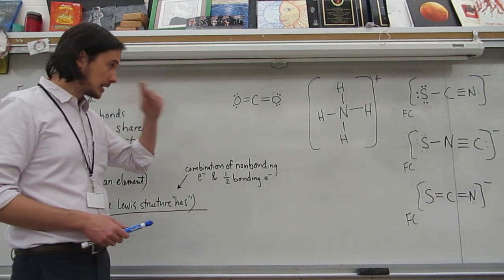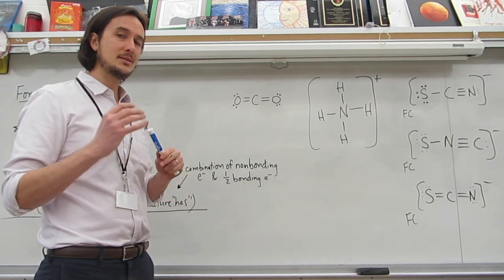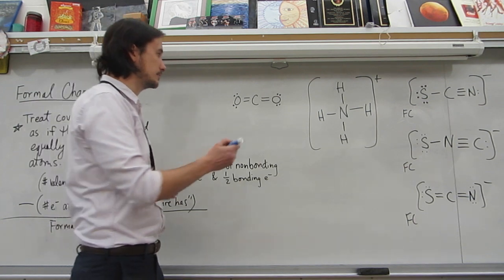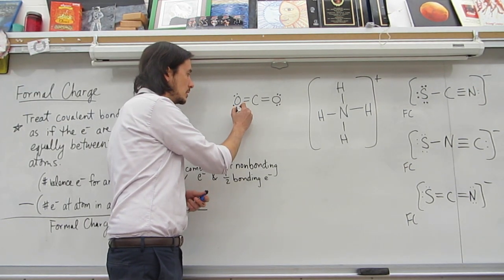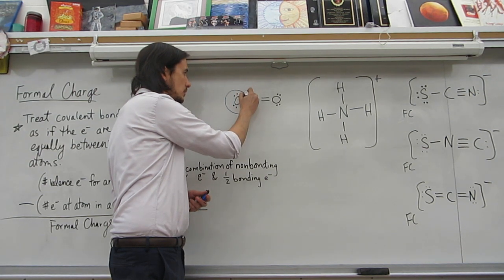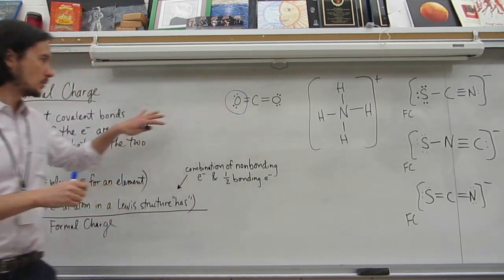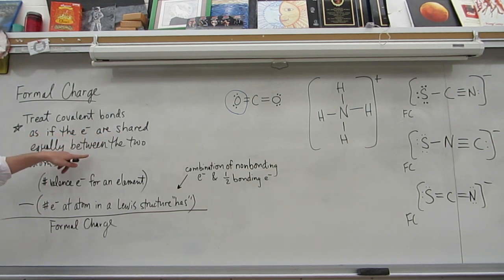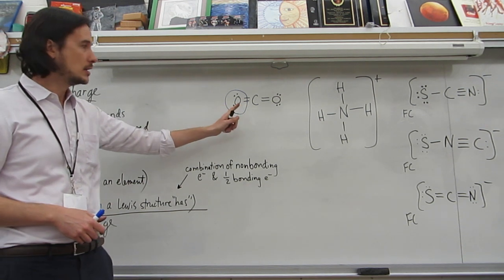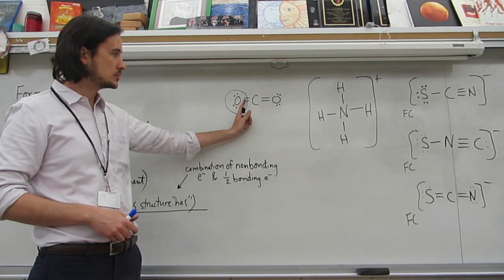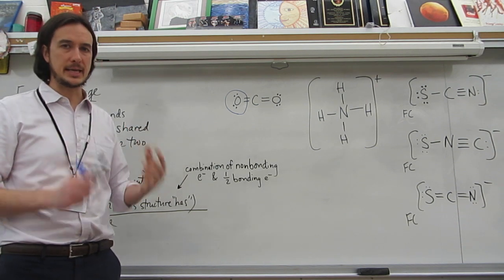So if we look at carbon dioxide, I'm going to draw a circle around the electrons that count for oxygen. Those lines represent 2 electrons. So if I draw a circle here and go right through, remember, for formal charge, we treat those bonds as if the electrons are shared equally. So 1 electron is going to count for oxygen and 1 counts for carbon. Whatever's in the circle counts for oxygen.